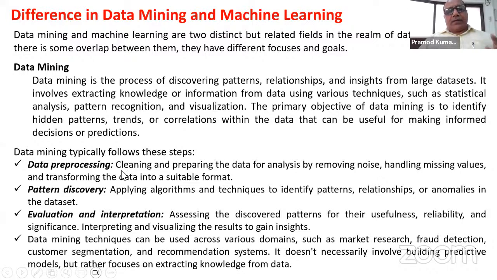And the job of the data pre-processing step is that there are two things. One is that it makes the data pure. It makes the data pure, meaning whatever noise, missing values, and other problems are there in the data, they are removed. And the second is that if it is required to reformat the data, it reformats the data according to the algorithm. So basically there are two objectives of the data pre-processing step.